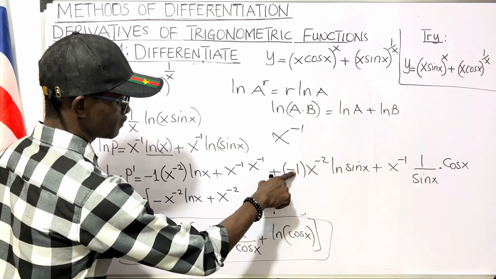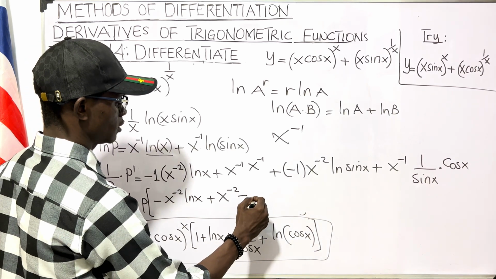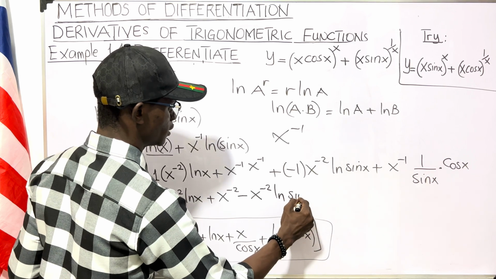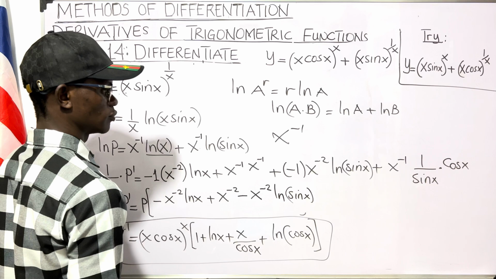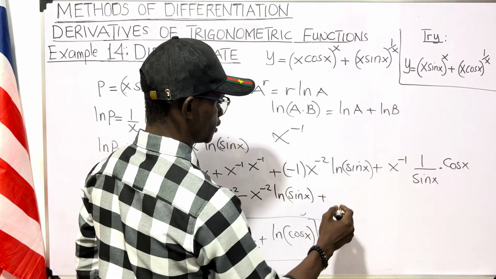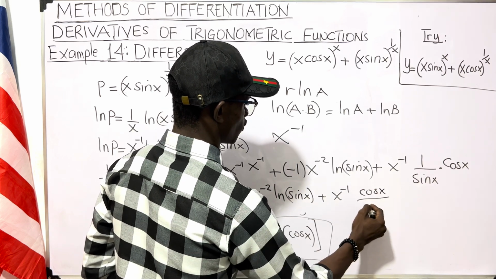But this negative, okay, it's in the next term. So we have minus x raised to the power minus 2 ln of sine of x. And in the next one, we have plus x raised to the power minus 1 cos of x all over sine of x.